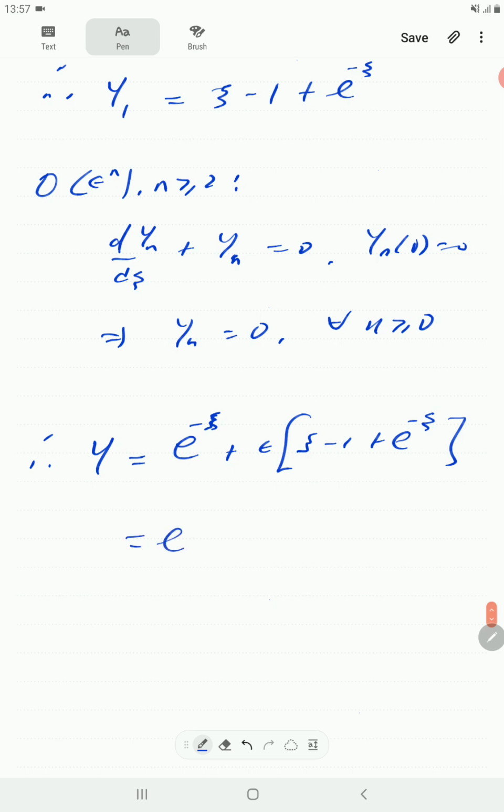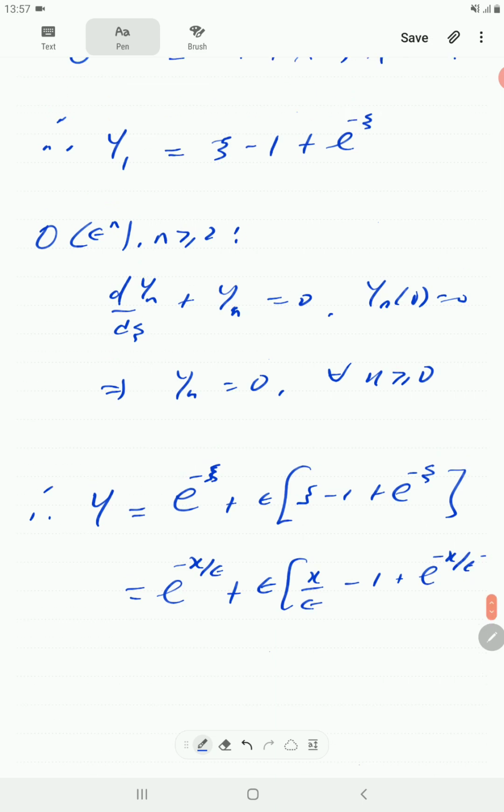If we write this in terms of x, xi is x over epsilon, x over epsilon here, x over epsilon there.